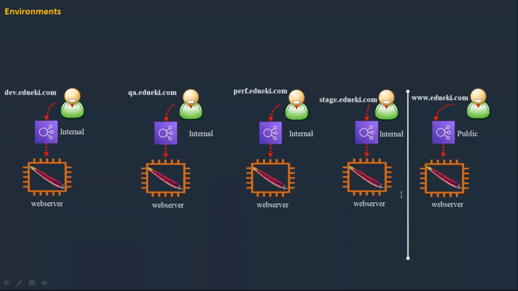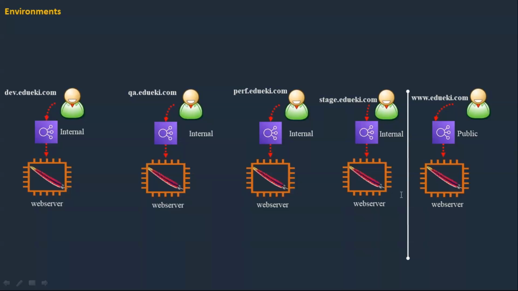So actually I'm solving one problem. The problem is, whenever I get code from a developer, I can't or I should not put the code into production directly because we don't know whether the code is working or not, right? Hence the reason I started off introducing the environments, right?